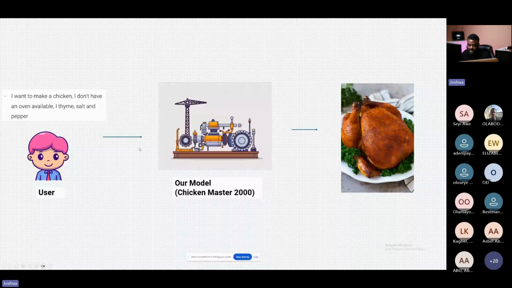I don't have an oven available. I only have thyme, salt, and pepper. The Chicken Master, based on the different bots it has tested in very different ways, has to say, okay, fine, even if you don't have an oven, here's how you can cook your chicken. Even if you have only salt and pepper, here's how you can cook your chicken. And with that, we'll now have our AI model, which has trained through a generational model, so to speak.